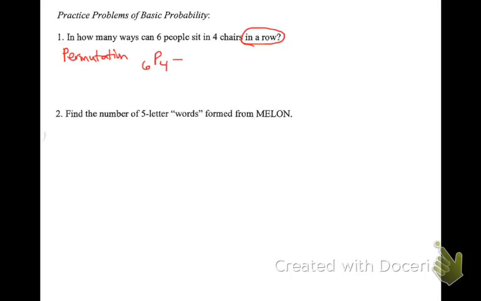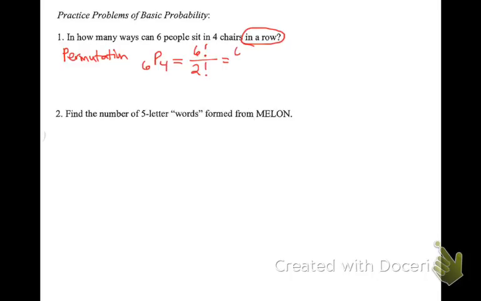Okay. Using our formula, we have 6 factorial on the top, and we're going to divide by 2 factorial. Now you can type this into your calculator, but I think it's a good idea to be able to calculate these by hand. Okay, so let's write out what the factorials are. We'll simplify as needed.